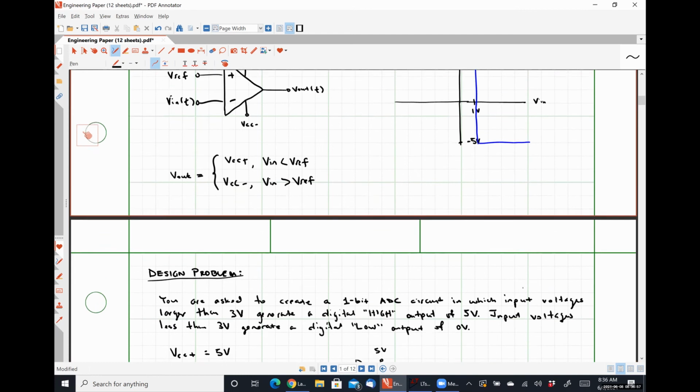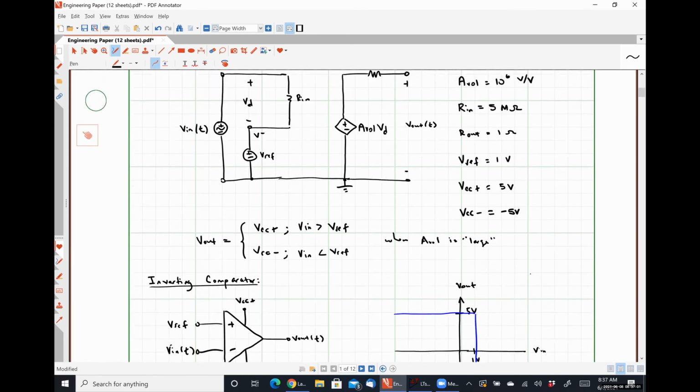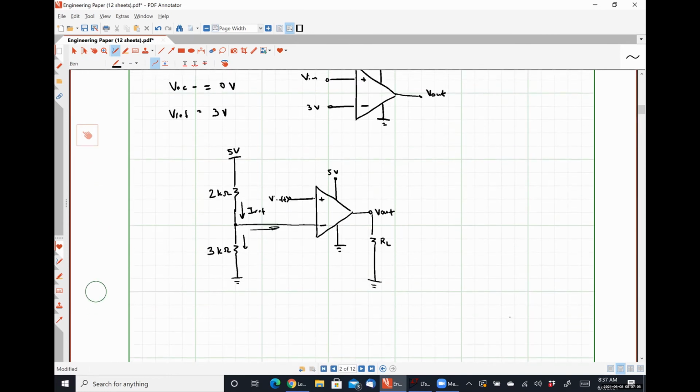So our output resistance, R out, was 1 ohm. So if we made our load resistance on the same order of magnitude, so we made it just a couple of ohms, what would be happening at our output?